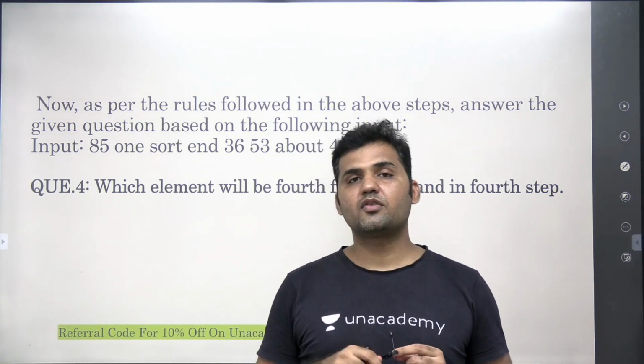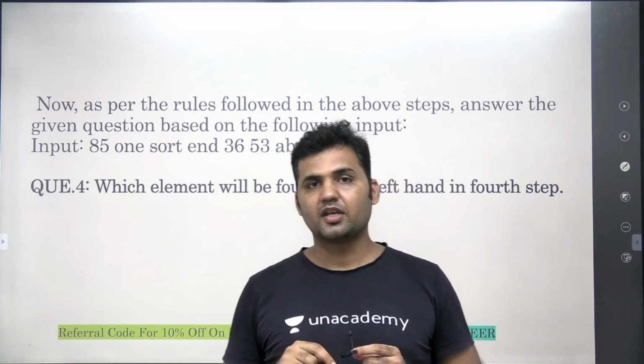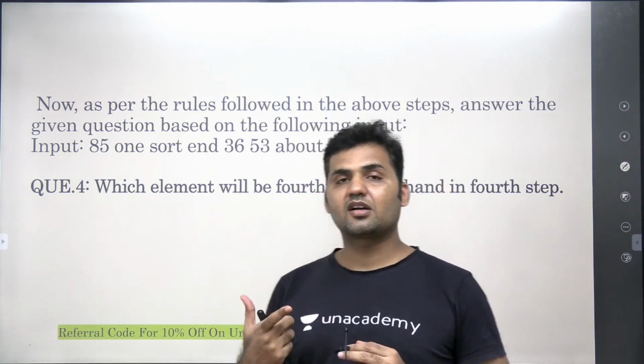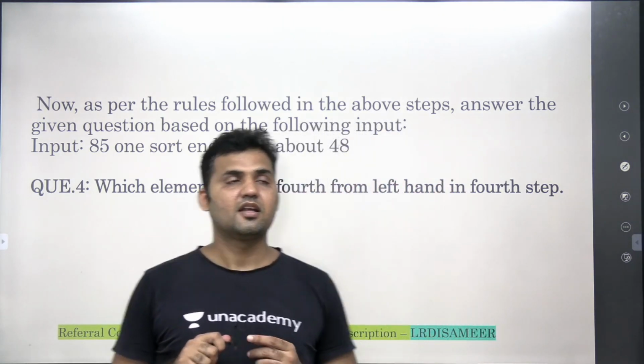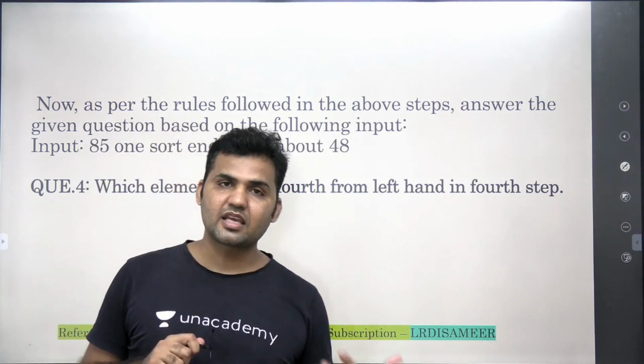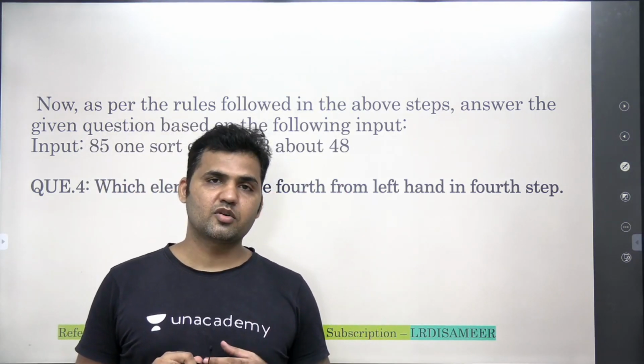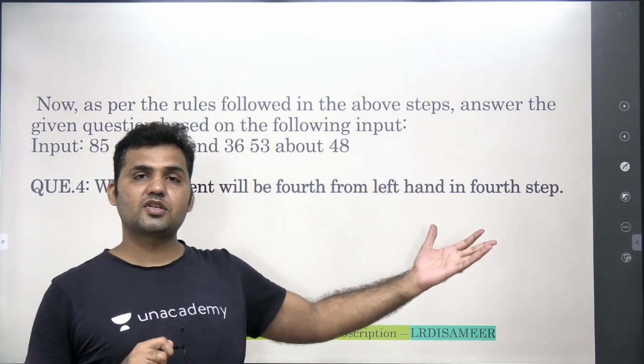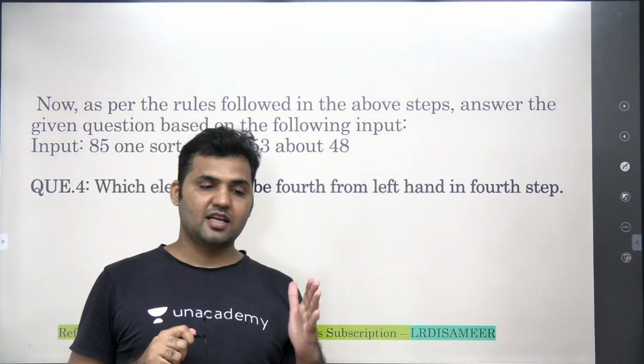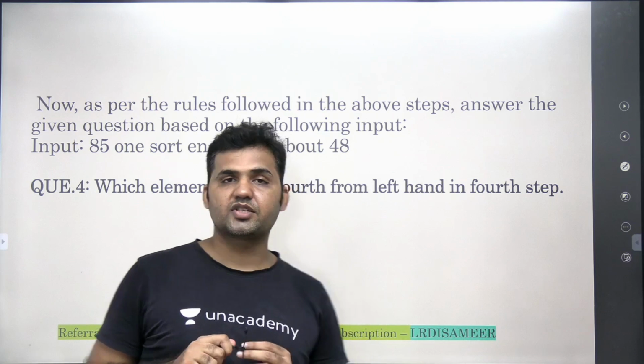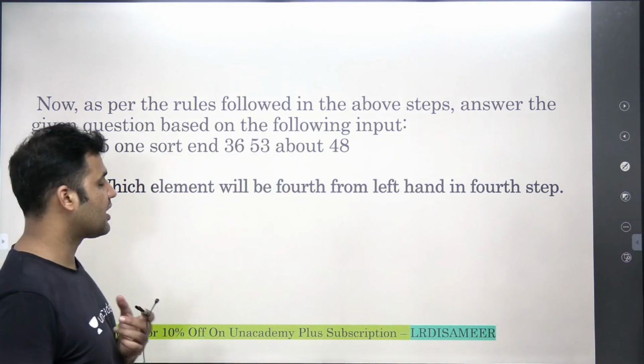That means to answer every question, you need to write down all the steps. This is just to explain the concept and to make you understand the basic structure, the basic ranking, how to do the ranking in input output questions. When I'll be doing the remaining questions, for your practice, you will see that the input will be getting changed in every question, right? So this is only for our learning part, okay?